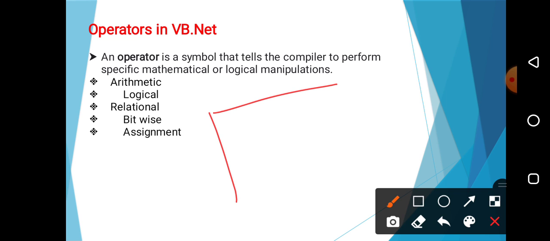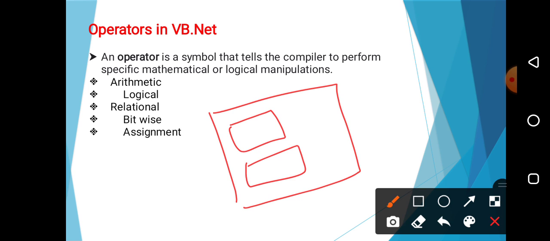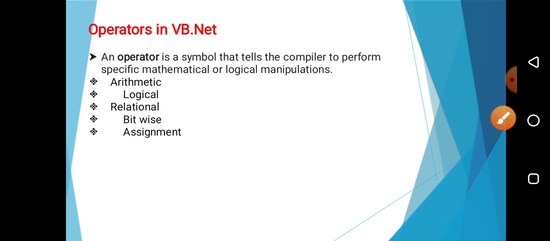Suppose I am designing a form, a calculator, which will add, subtract and divide two numbers. At that time I require two numbers over here and after that the operations. So for performing the operation we require operators and for accepting the data we require data types.